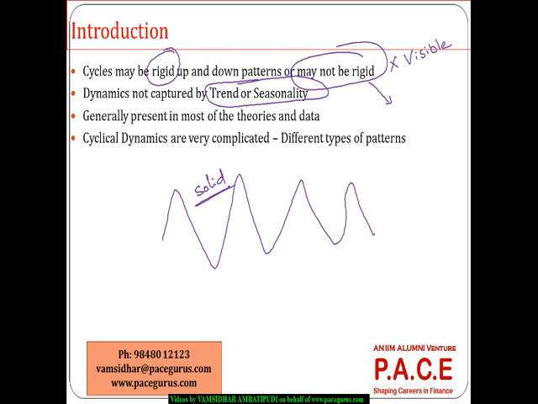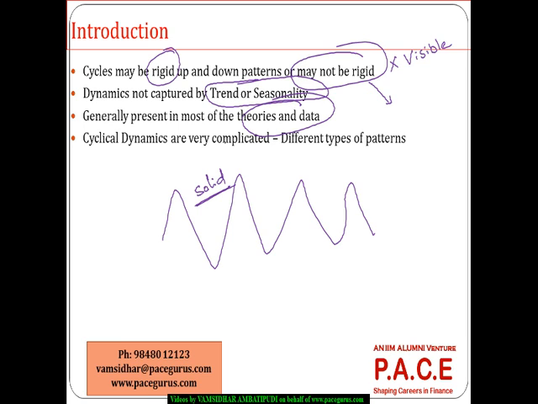As we move forward in understanding the cyclicality mechanisms, we can very simply understand that portion of the variation in the data that is not captured by trend and seasonality. We are looking at cyclical analysis on them.